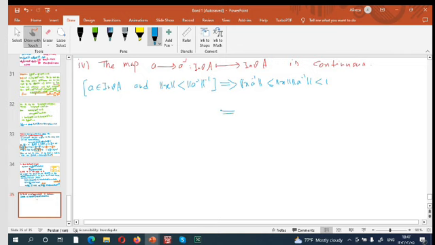So by the previous one again, this series must be convergent in A.